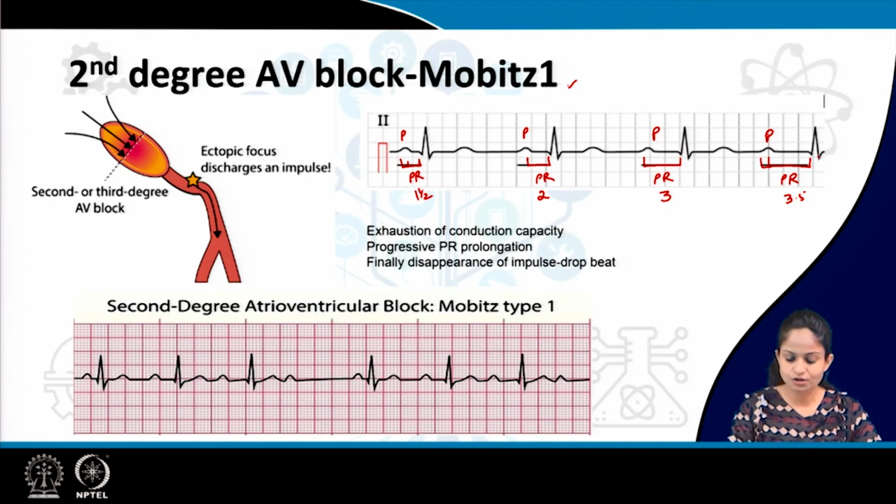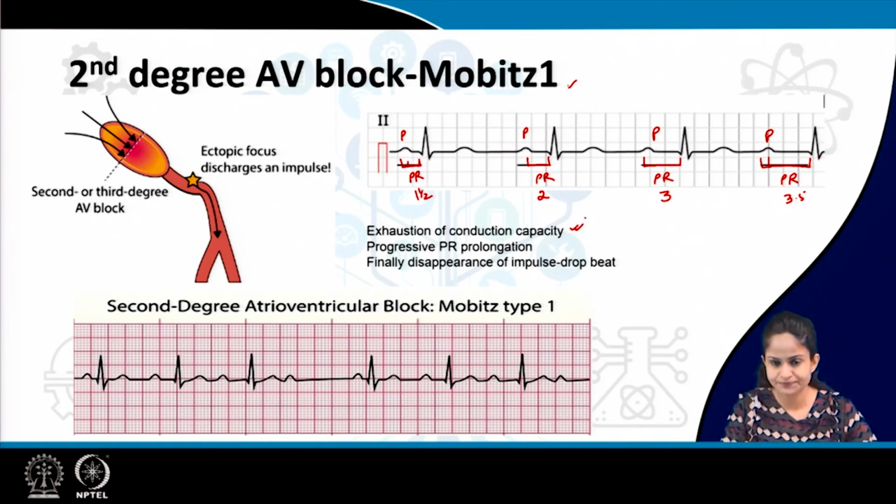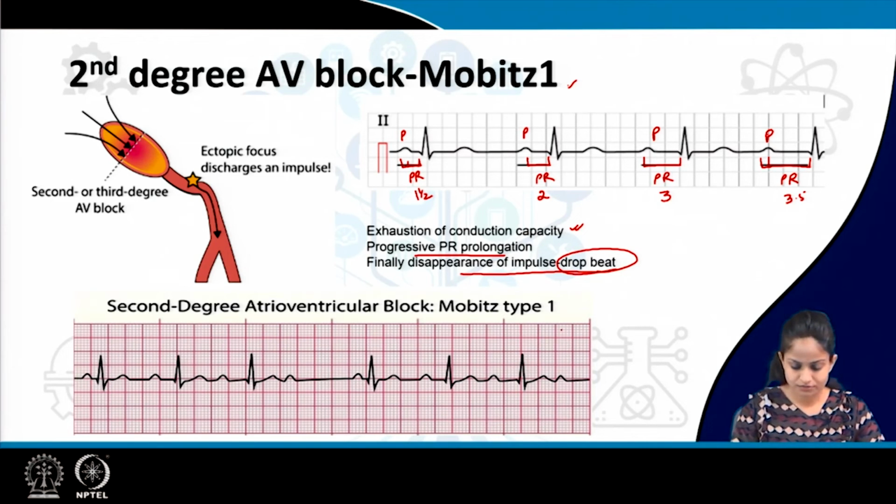So, that means there is exhaustion of the conduction capacity. The AV node exhaustion is so much that for the conduction of the next impulse, the conduction fails and we do not get the QRS complex. So, there is progressive PR prolongation and finally disappearance of the impulse, that is known as dropped beat. Now, this is second degree atrioventricular block, Mobitz 1.